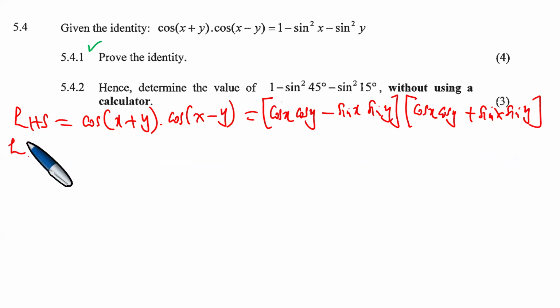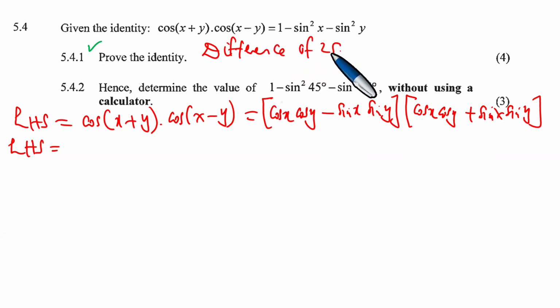And then what is next? We multiply here, we open up the brackets, in the contemporary language of many students. So if we multiply this with that, what is this? This is like a difference of two squares.